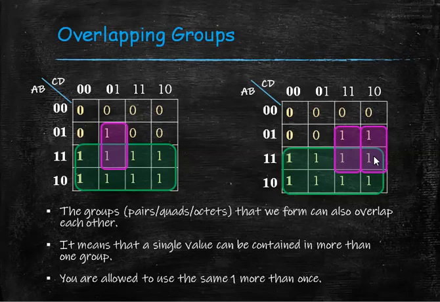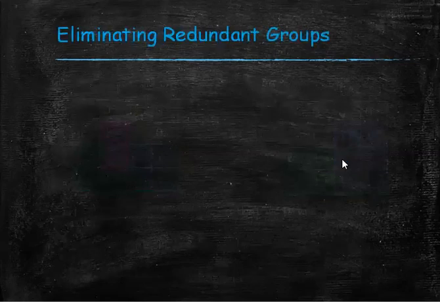We represent this quad, so it is an octet and a quad. Overlapping of groups is possible, but some conditions must be satisfied. That is discussed in the next slide: the redundant group.